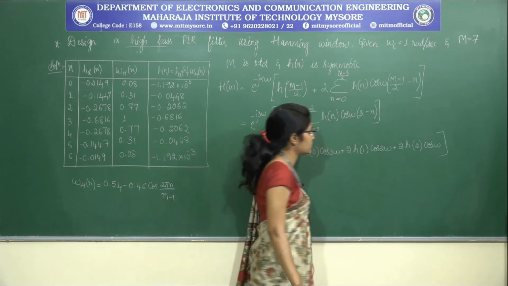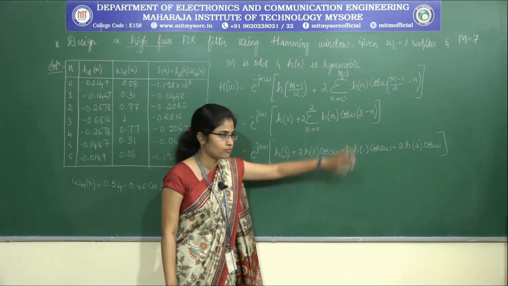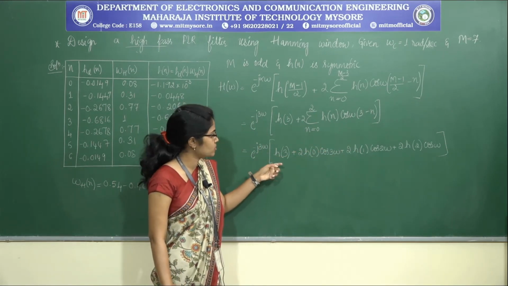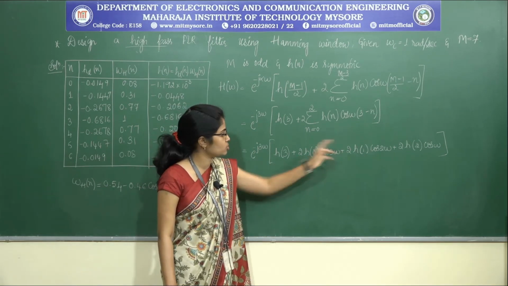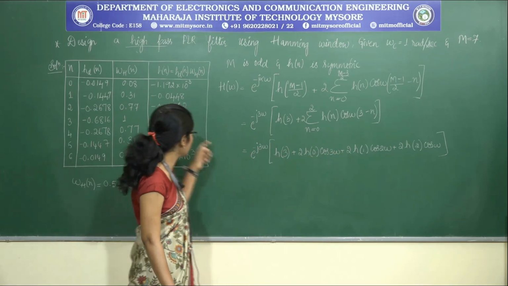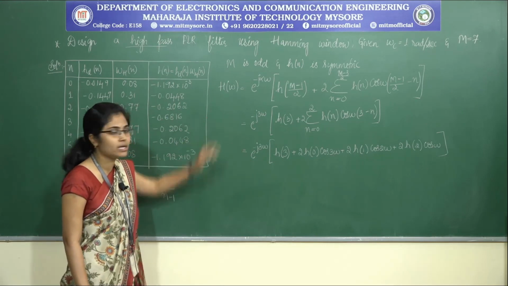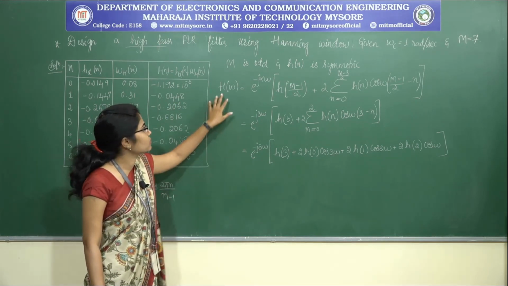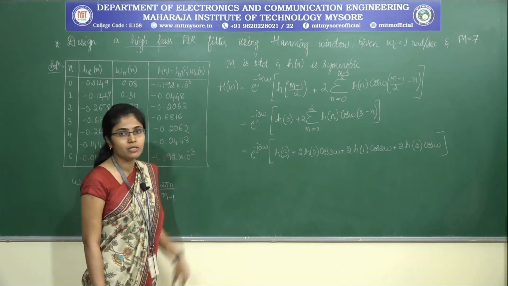So hope you know how to write this equation just by substituting the values of n. Now we got the equation, we know the values of h of 0, h of 1, h of 2 and h of 3. If I substitute all these values in this equation, that gives us the standard equation for h of omega for the given problem.